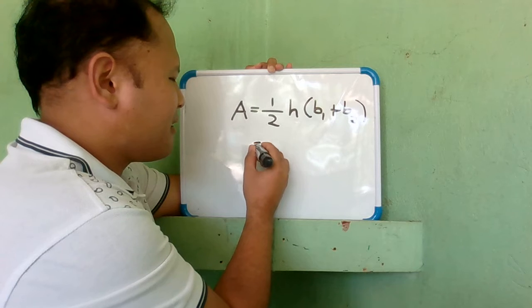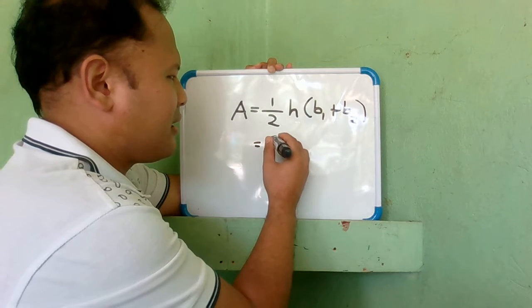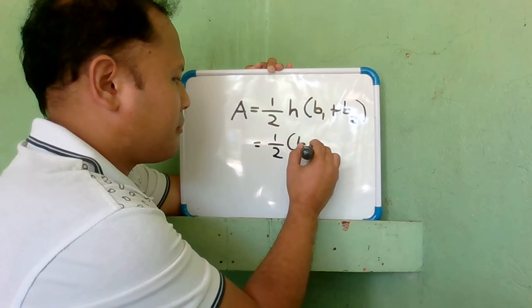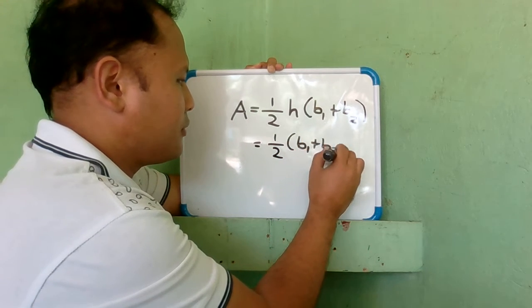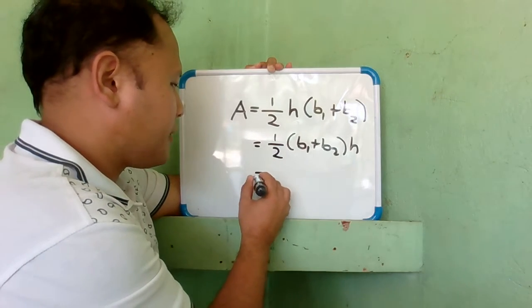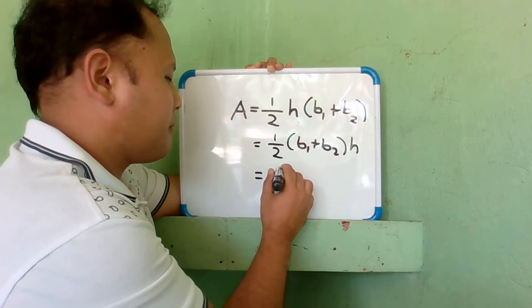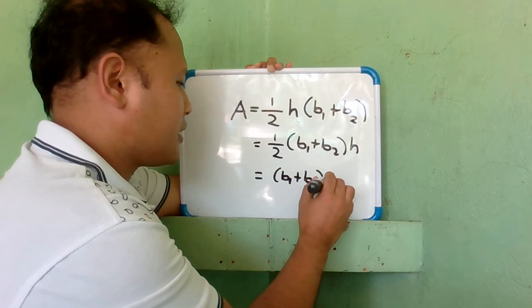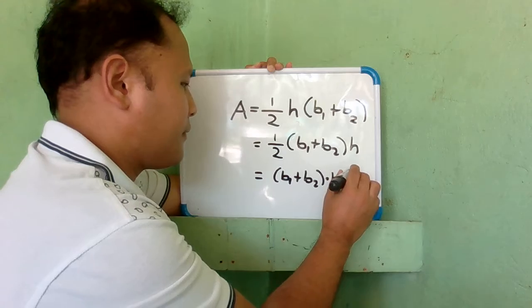So as a mathematician, I can have this 1/2 times base 1 plus base 2 times h. Or I can even write base 1 plus base 2 times h times 1/2.